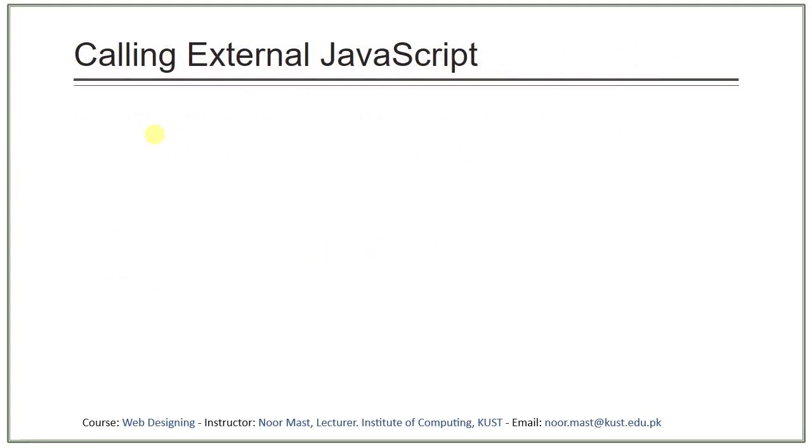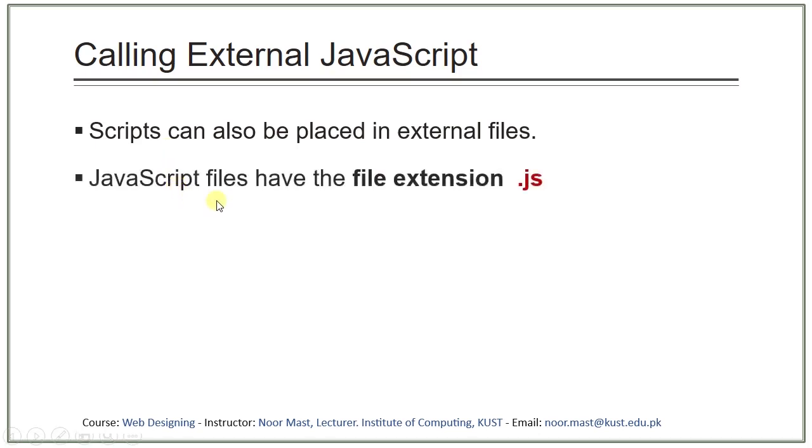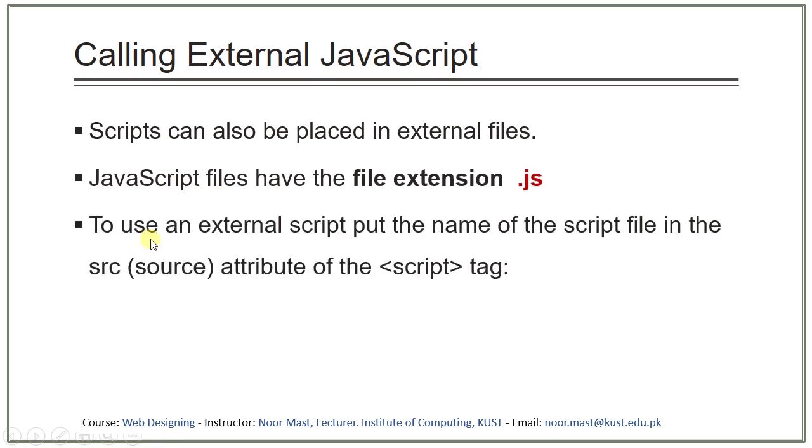Calling external JavaScript. You can also place your JavaScript code into a separate file. The files containing JavaScript code have a .js extension. To use the external JavaScript, call that file in your document through the src attribute of the script tag, as in the following example.